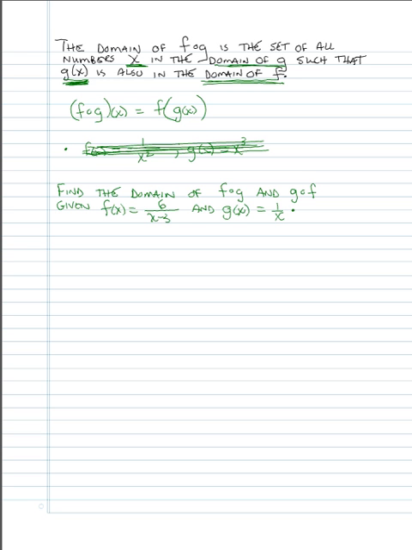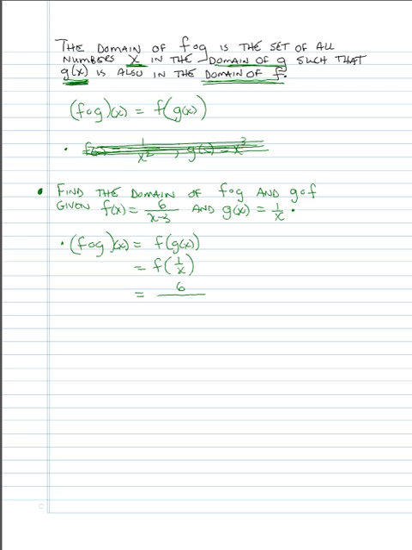Now, because I'm trying to make a point, what I want to do first is just calculate f composed g of x. So that's f of g of x. We replace g of x with 1 over x, and then put that 1 over x input into the function f.